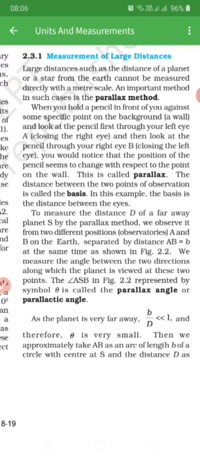The distance between the two points of observation, from where we take the observation, is called basis. So here in our example, basis is the distance between the left eye and the right eye.